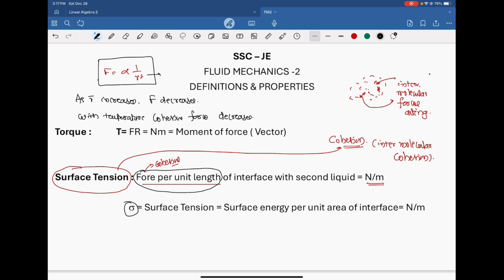Surface tension is represented by the symbol sigma. This is the surface energy per unit area of the interface, that is Newton per meter, and sigma decreases when temperature increases. Please keep this in mind.